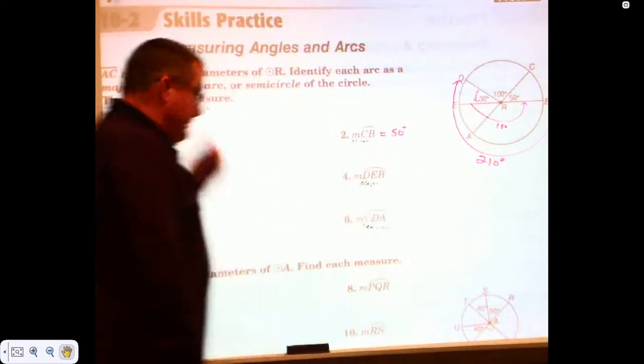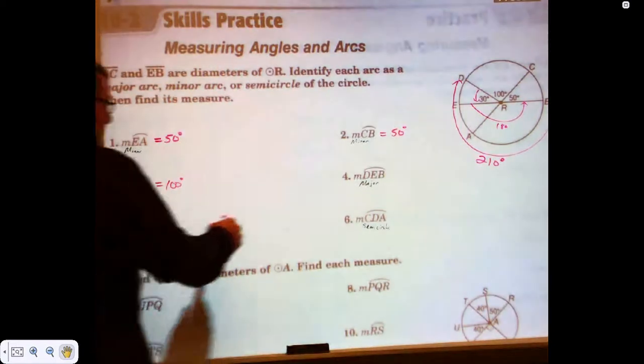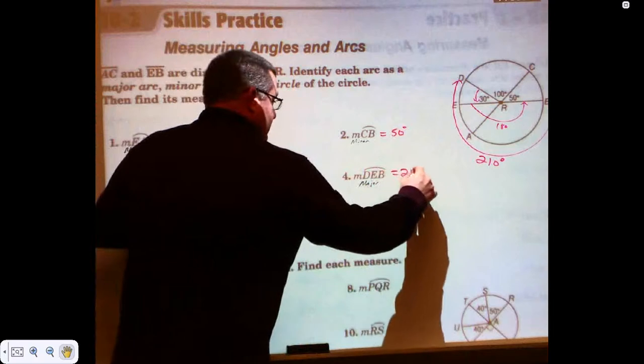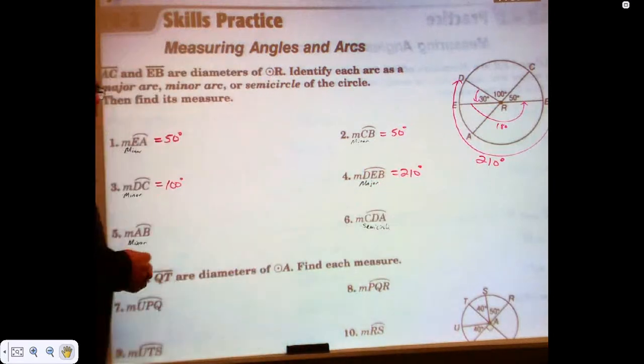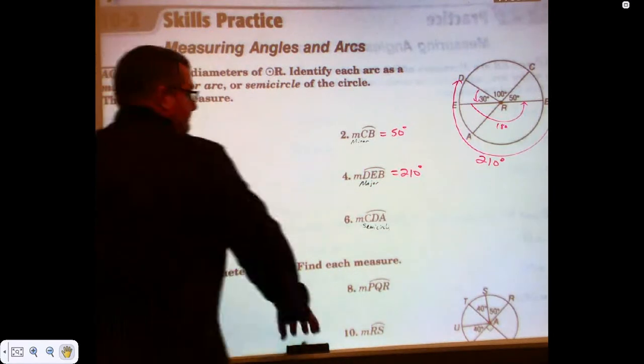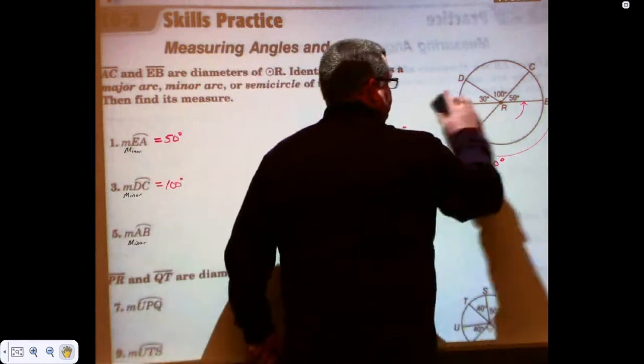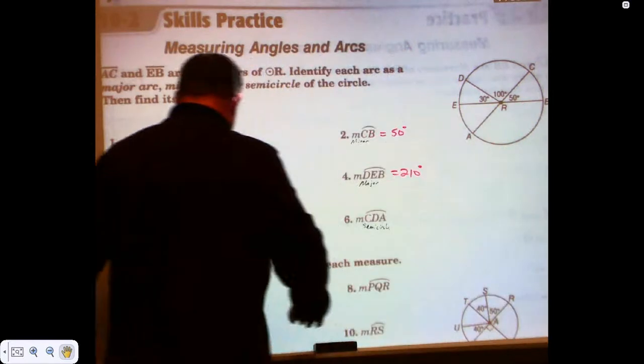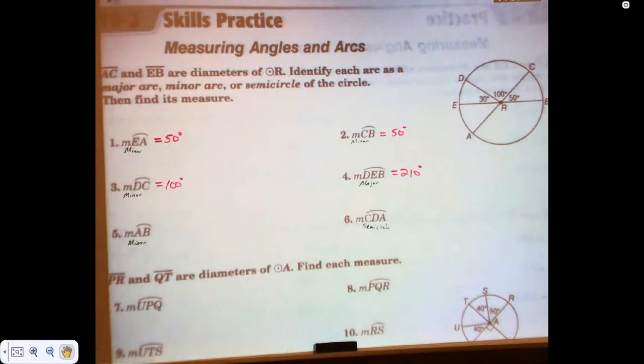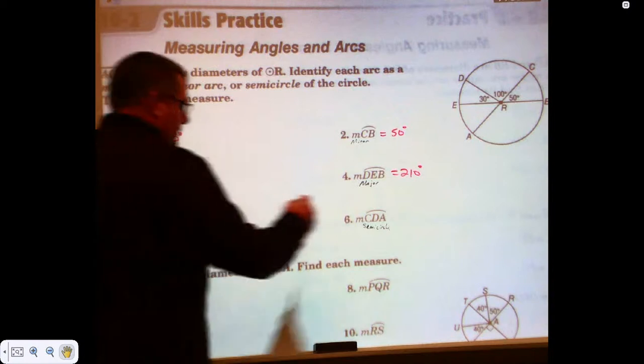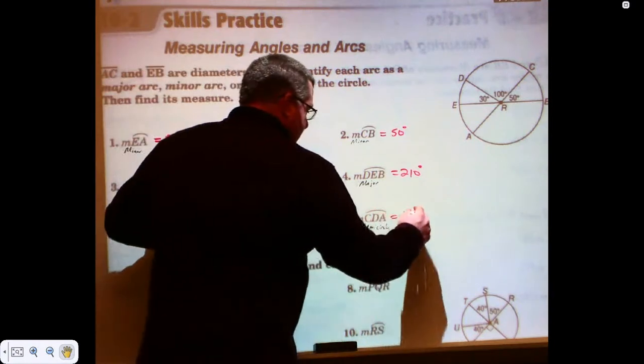Does everyone see that? See how easy this is? It's pretty easy, isn't it? Do I need to do any more? Are we good? Semicircle's always going to be what? 180 degrees?